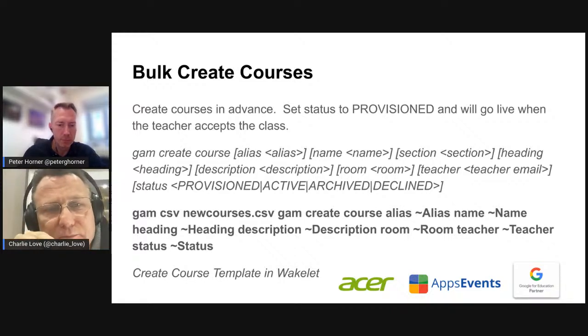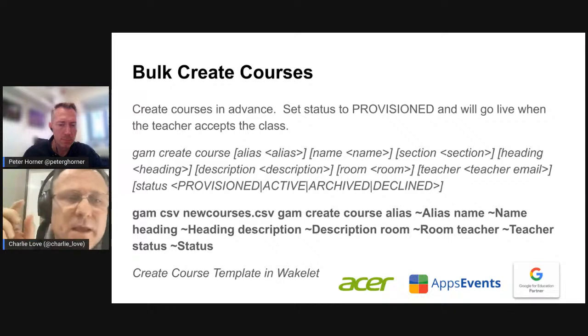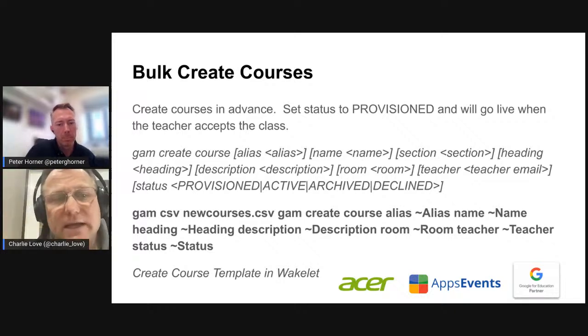And provisioned is neat because provisioned means that the class is created, the classroom is there, but it's not actually live. So it doesn't become live until the teacher accepts their invitation to that classroom and accesses that class. So provisioned is a great way to set everything up in advance, and then your teachers decide when it goes live. When they use it, when they join it, that's when that classroom goes live.